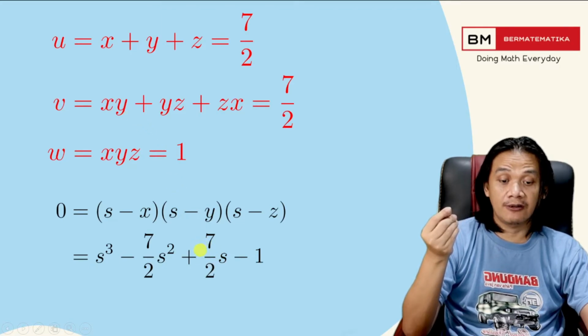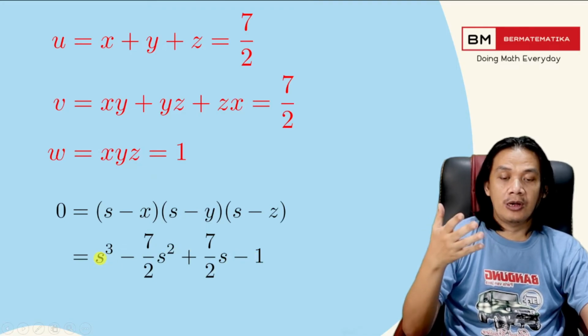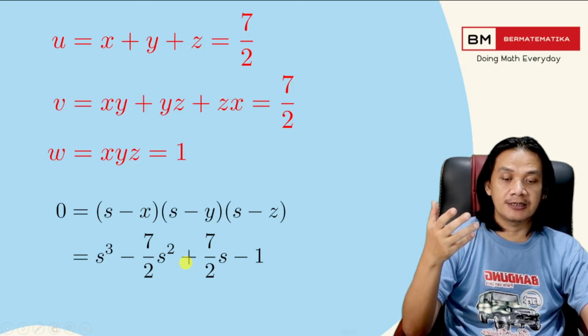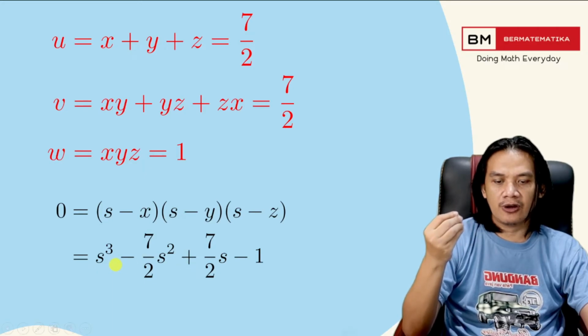The coefficient of s is exactly v, and the constant is negative w. So then we have this polynomial. So what this calculation means is that x, y, and z are exactly the roots of this polynomial.